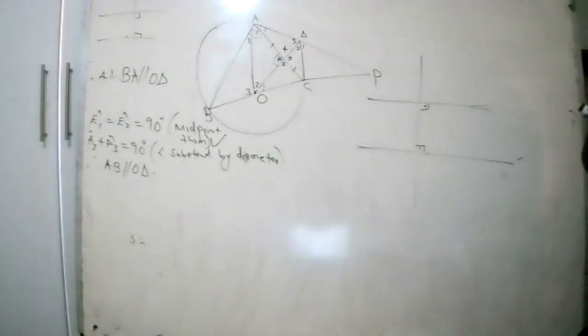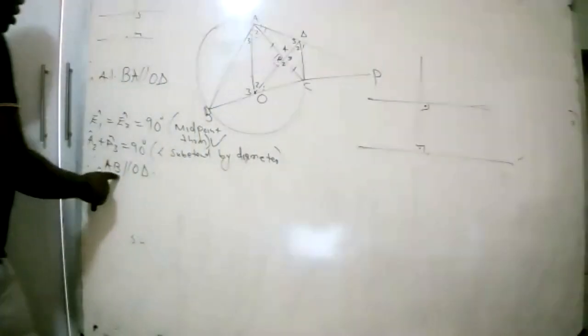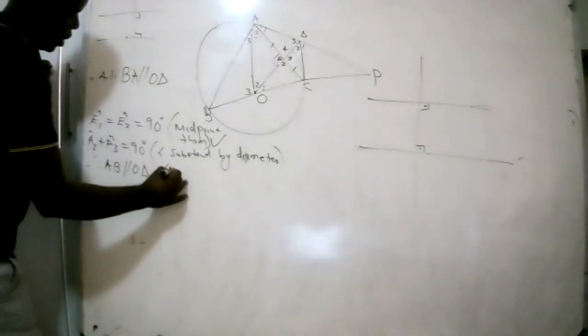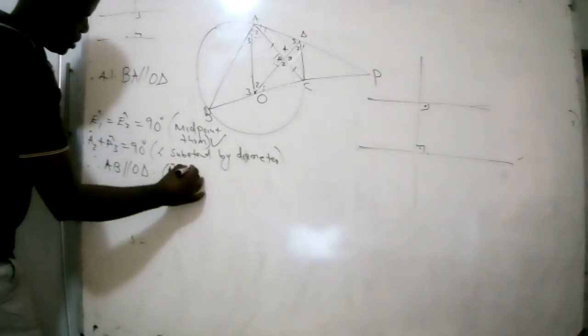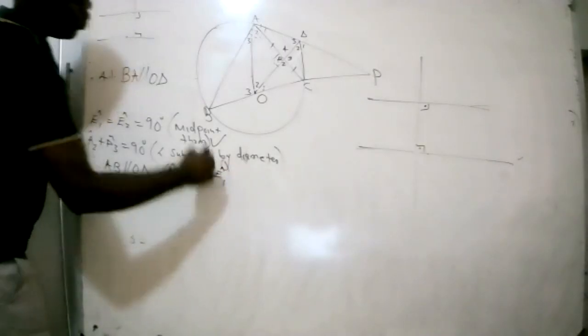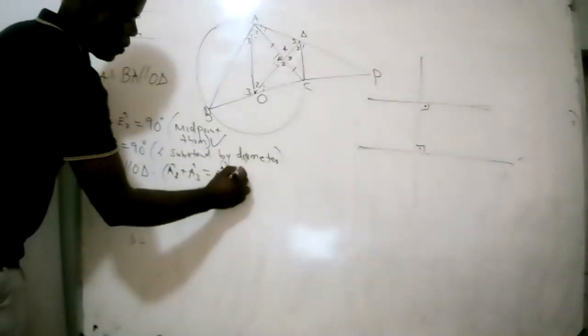Do we have any question before we move forward? What is the reason? Okay, the reason for AB to be parallel to OD is because A2 plus A3 is equal to E1, which is equal to 90 degrees.